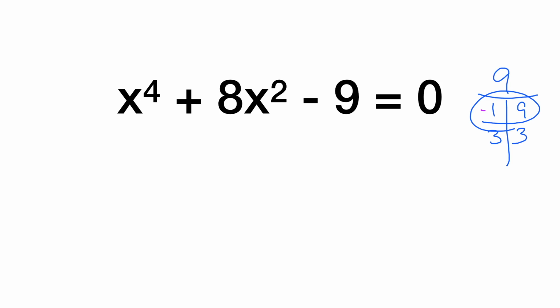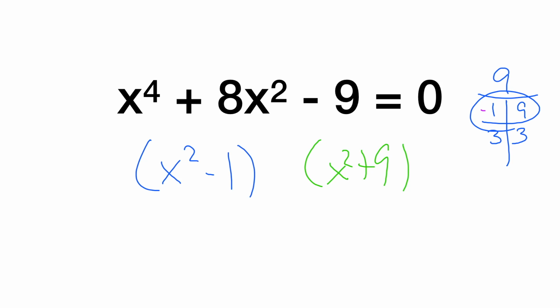So as I pointed out earlier, x squared minus 1 times x squared plus 9. So this just becomes 1 and negative 1. And then this becomes, unfortunately, 3i and negative 3i whenever we factor them out.